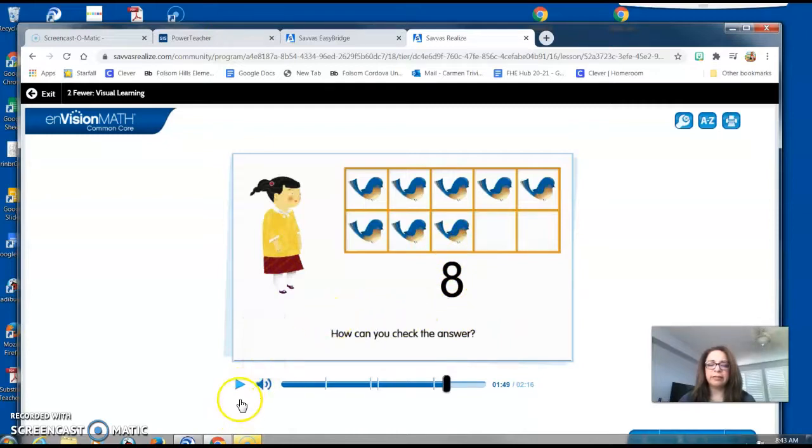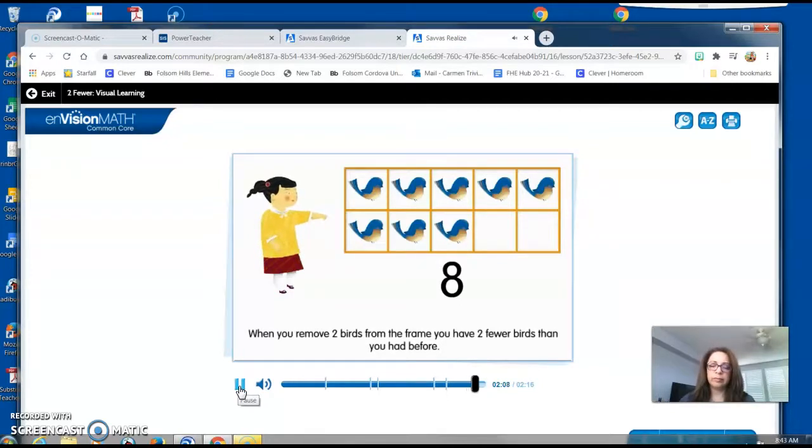Let's see if you can guess what she's going to say. 1, 2, 3, 4, 5, 6, 7, 8. There are 8 birds. When you remove 2 birds from the frame, you have 2 fewer birds than you had before.